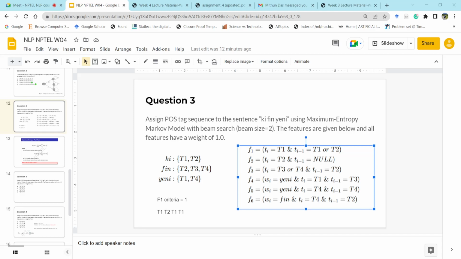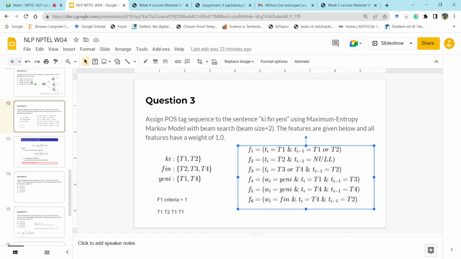Now let us see which of these functions are true. Remember our Ti is equal to T1 and Wi is equal to Ki; that is the only information till now.